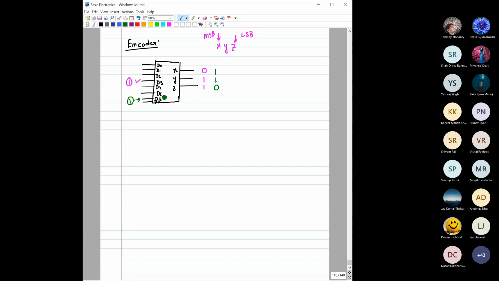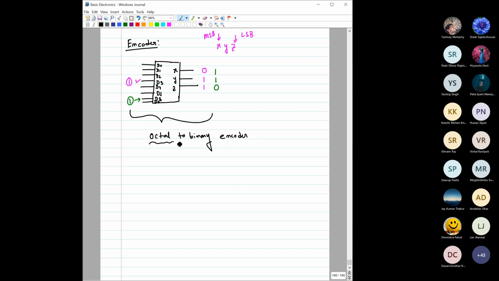Or in another way, it is not actually a circuit, it's like a black box, but what this black box is performing, can we not say it as octal to binary?